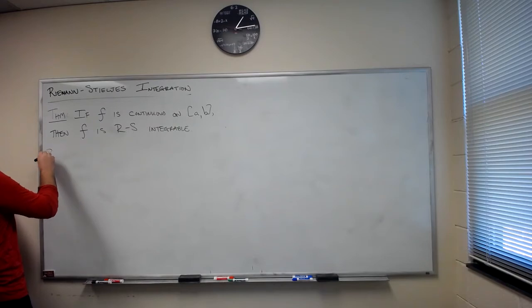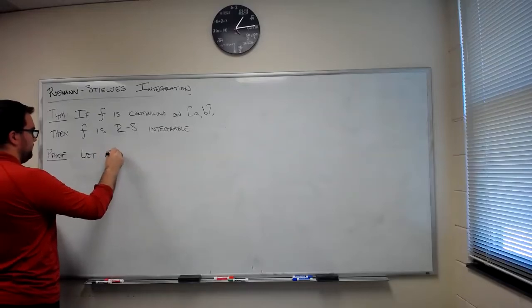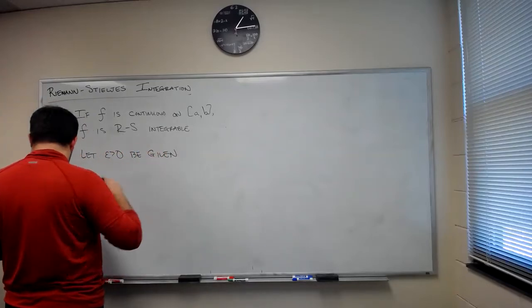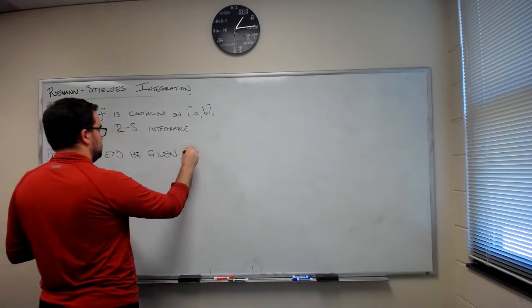So here's the proof. It's a classic analysis proof. Let me start with epsilon greater than 0. I have this function, and all I know is that it's continuous.